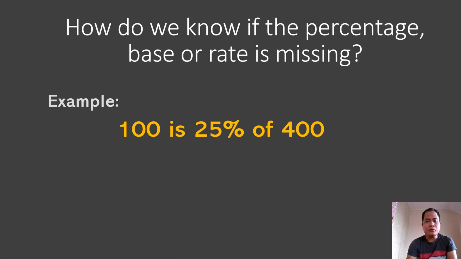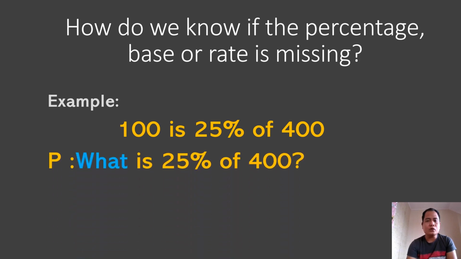Okay, let's elaborate more, using 100 is 25% of 400 in the form of a question. Kapag hinahanap natin ang percentage, usually the question is, what is 25% of 400? So, yung percentage is associated with the word is, katabi niya yung question. So, siya yung nawawala. Therefore, we are looking for the percentage.